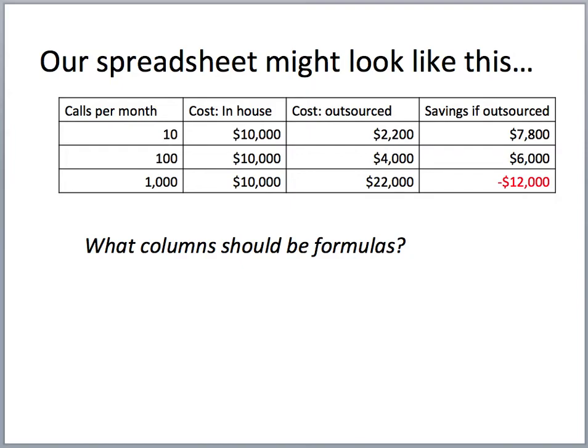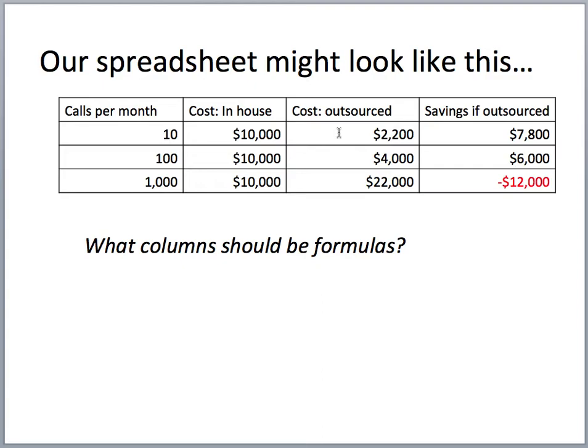Here's what our spreadsheet might look like. We'll have a column for calls per month, so we can type in whatever number of calls we want in the month, and then we'll see ultimately whether we saved with our outsourcing. To provide a little more detail, we have the cost in-house, and the cost in-house doesn't change with the number of calls.